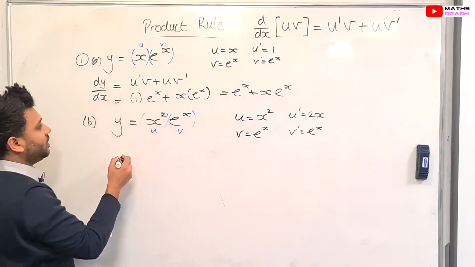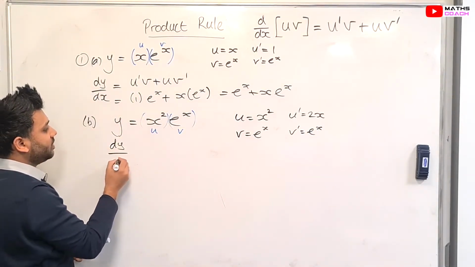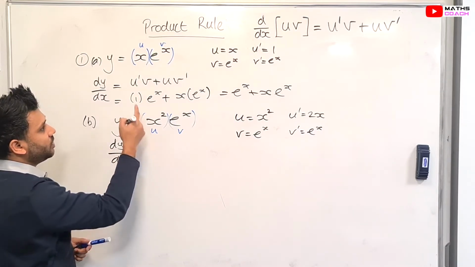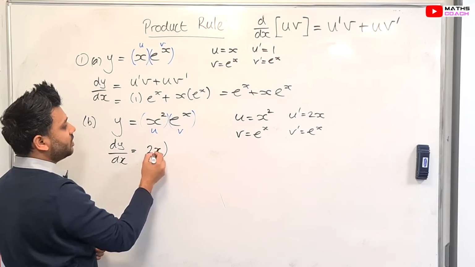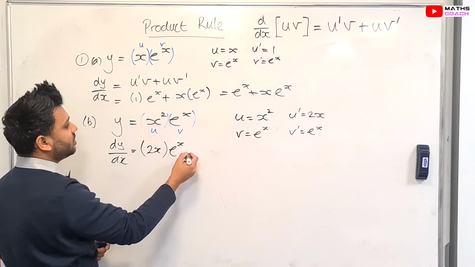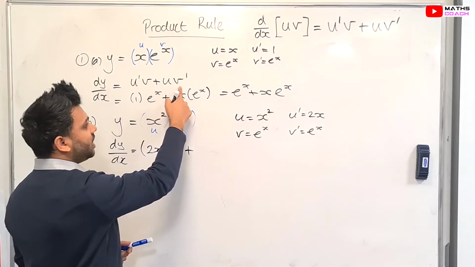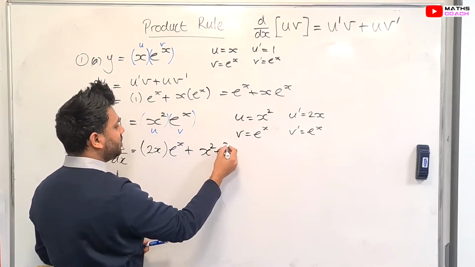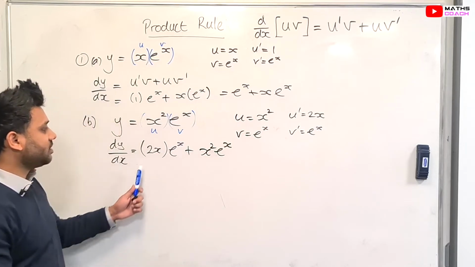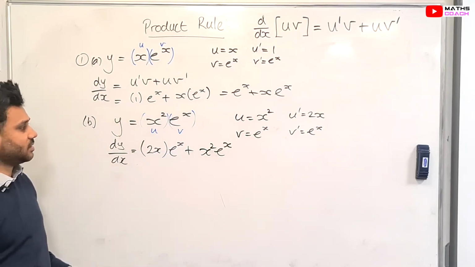They've got the formula up there, so dy dx equals u dash v, so this would be 2x times e to the x plus u v dash, so that's x squared e to the x, and then I'll leave it like this.